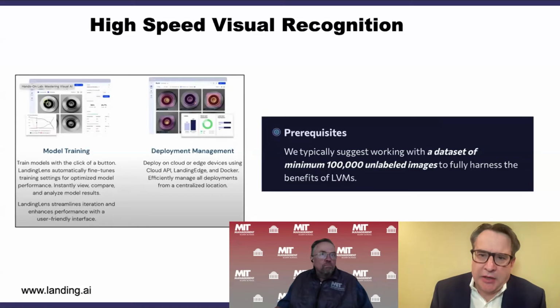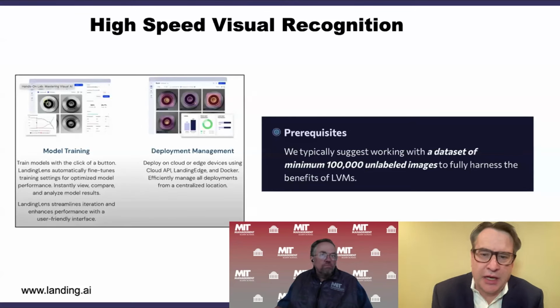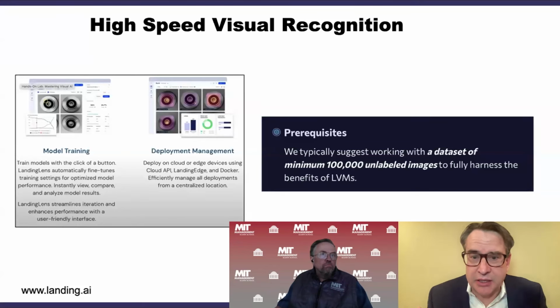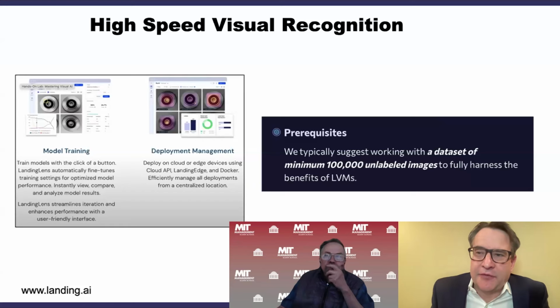And directly from that website, notice the prerequisite. If you want to use the full value of one of these large models for visual recognition, they're recommending 100,000 unlabeled images minimum if you choose to use unsupervised learning. And for those of you who study AI, I took a class with Marvin Minsky in 1992.